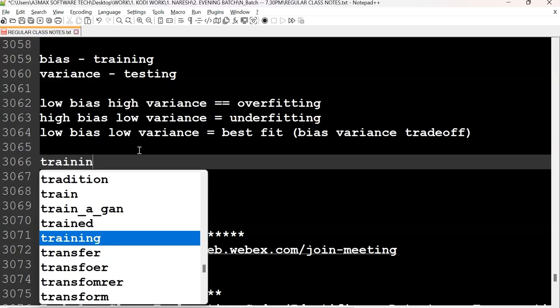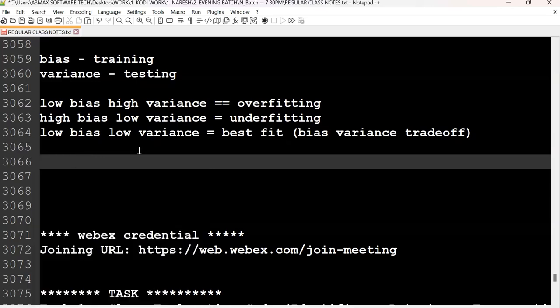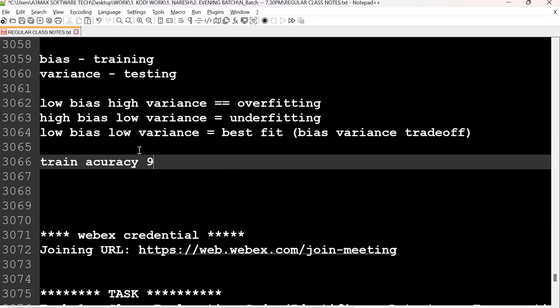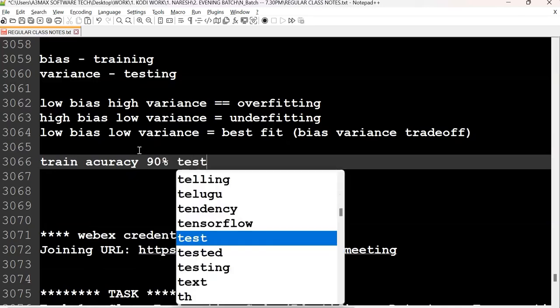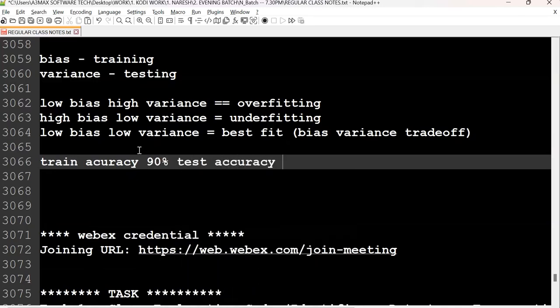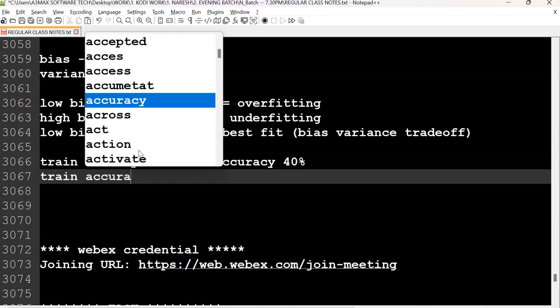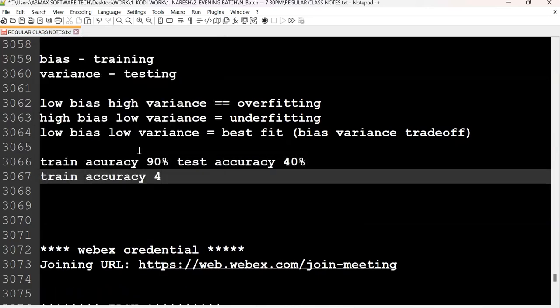Let me tell you, there are 3 accuracies. If anyone understands, then you can respond to me. Let's see. Training accuracy 90 percent, test accuracy 40 percent. Training accuracy 40 percent, test accuracy 93 percent.